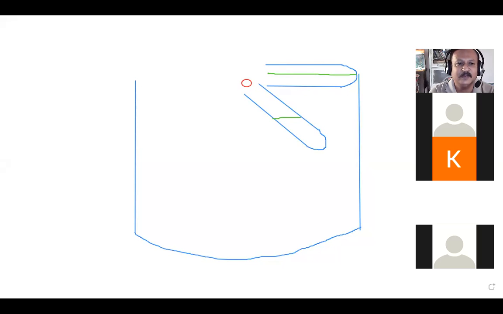Just to recollect the earlier situation, in case of the vertical tube rotor, our sample was like this.